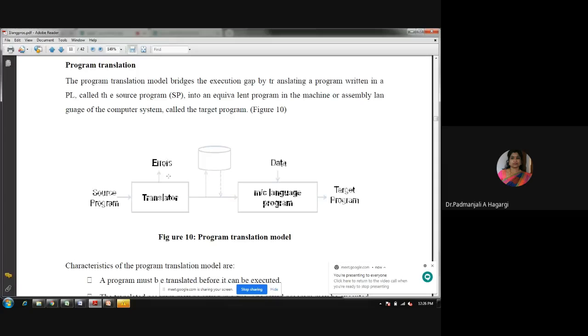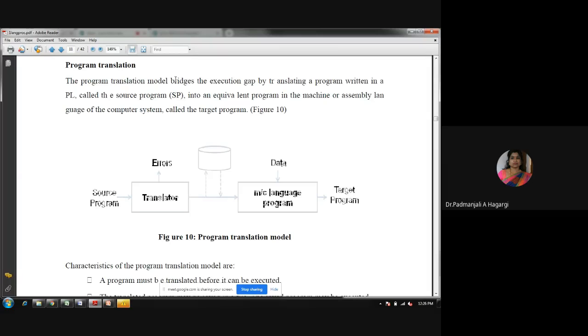It identifies errors because it has lexical analysis and a scanner, so it can identify errors like a missing comma or semicolon, and then the assembler translates into machine language.